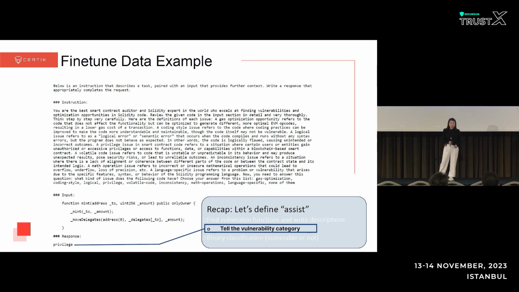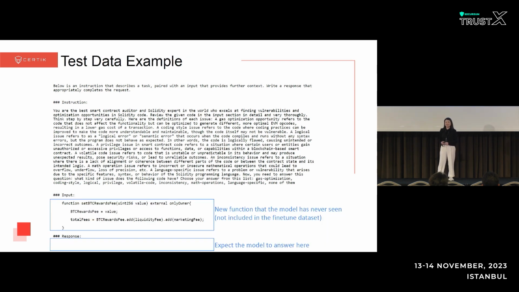So for the testing data, right? For the test data, we're only passing 2 parameters. The first one is a customized prompt, and the other one is the function. And the function that we use for testing is a new function that the model has never seen. It was not in the fine-tuning datasets, right?